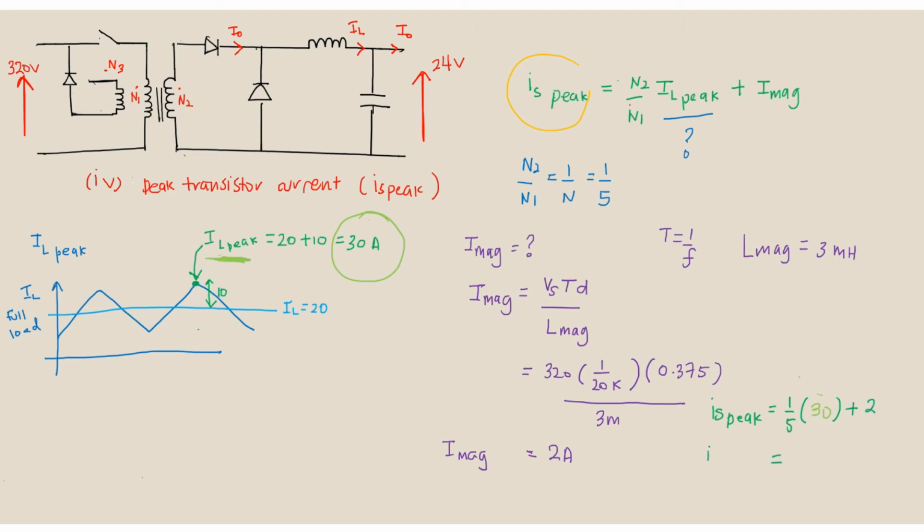So you get your IS peak as 8 ampere. So that's all for example 4.7.